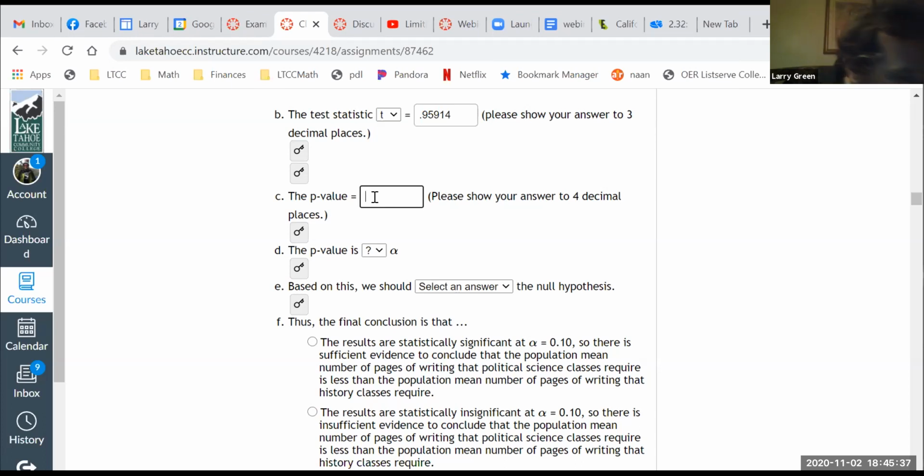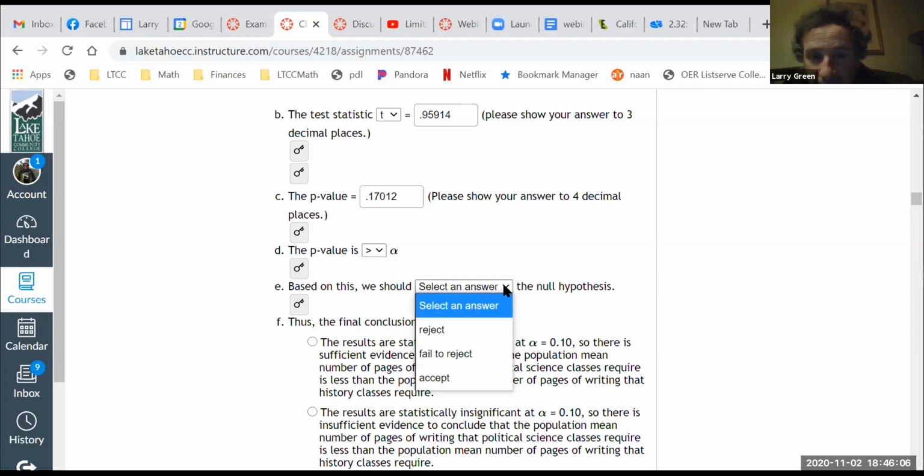Our p-value is 0.17012. Okay. Now is the p-value less than or equal to alpha, or is it greater than alpha? Yeah, this one's greater than. So reject, fail to reject, or accept the null hypothesis.